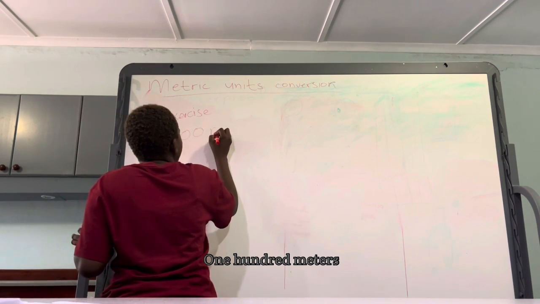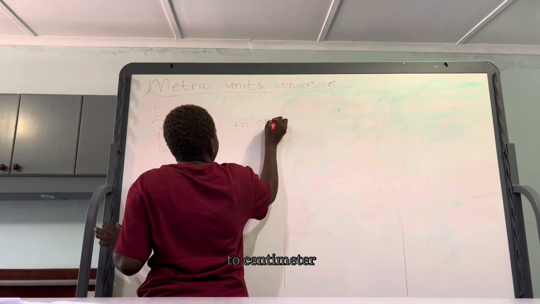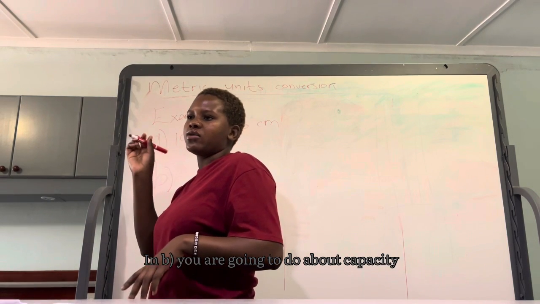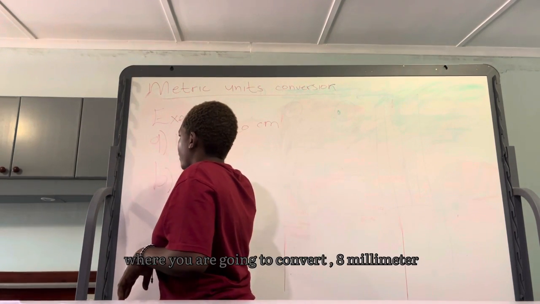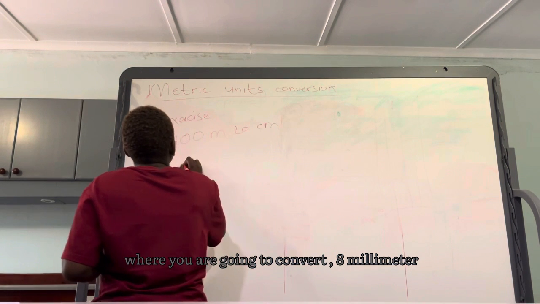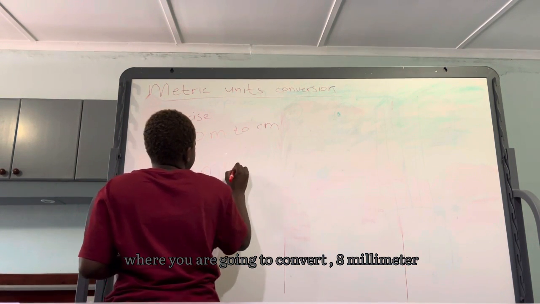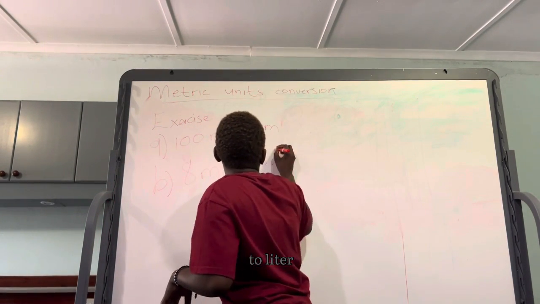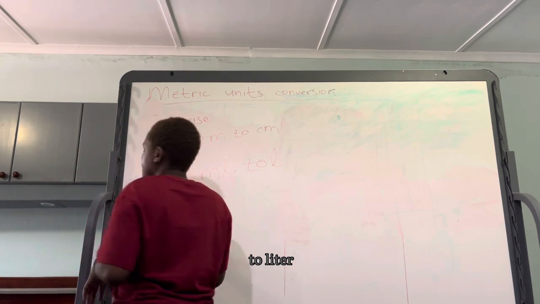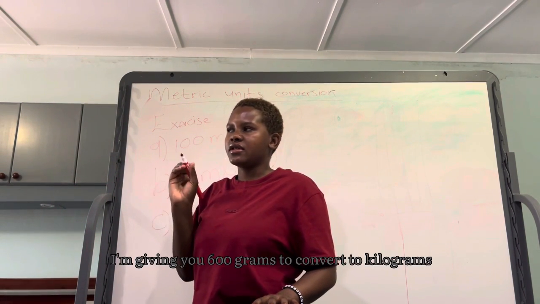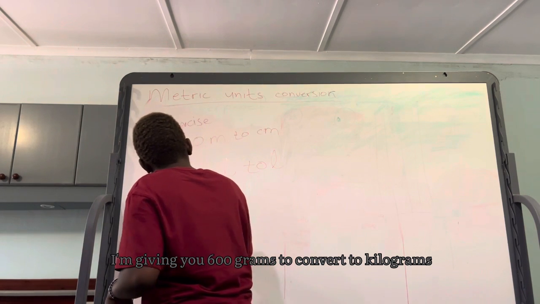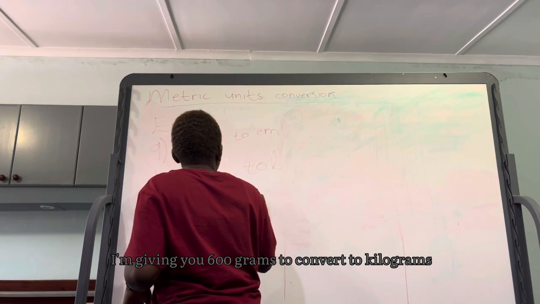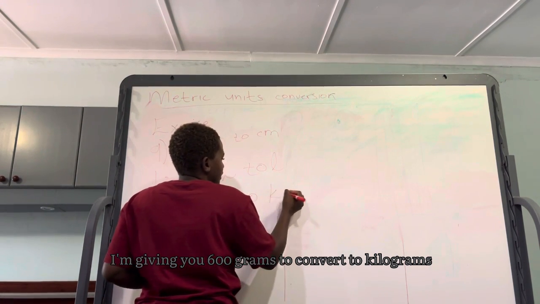In B, you are going to do capacity, where you are going to convert 8 milliliter to liter. In C, I'm giving you 600 grams to convert to kilograms.